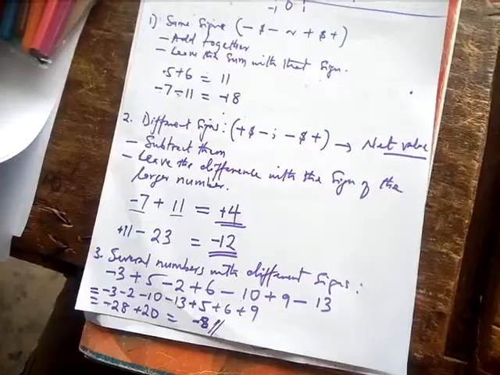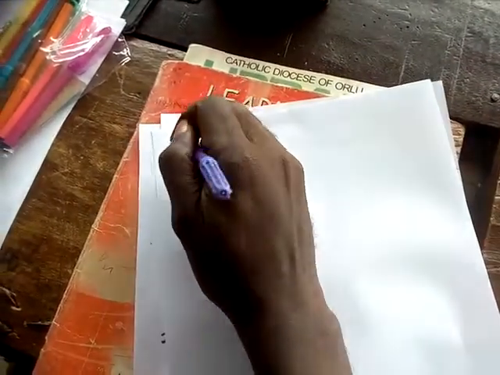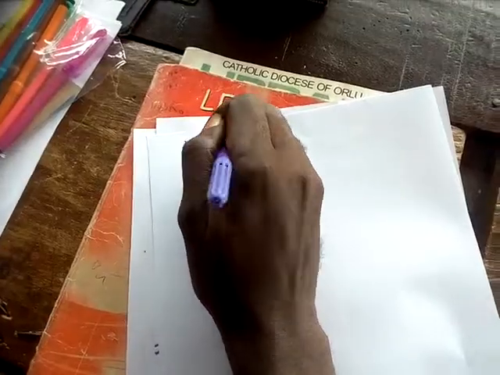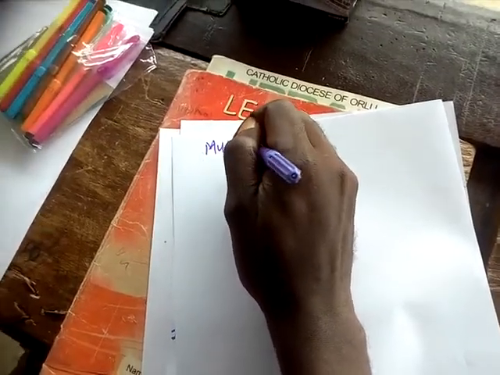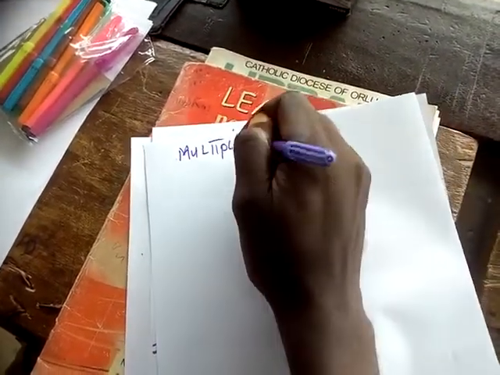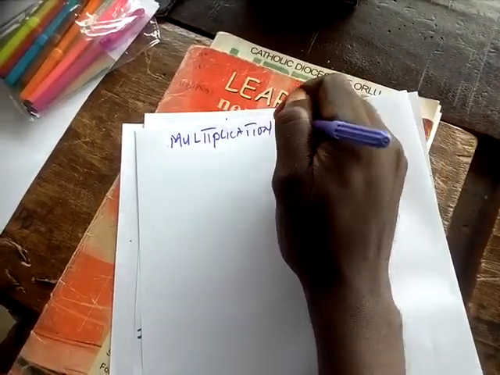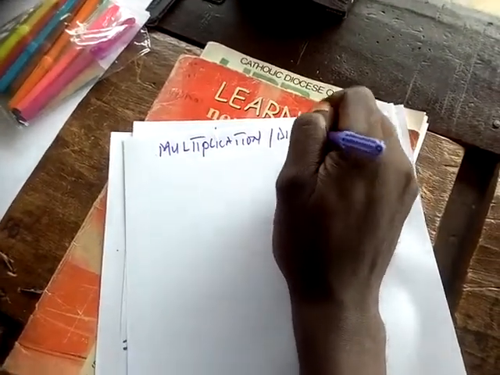Then we also come to multiplication and division of numbers with signs. There is nothing else I will say here, but that in multiplication and division, since division is just a type of multiplication, the same rule applies.